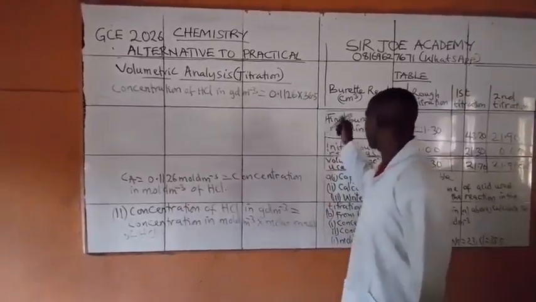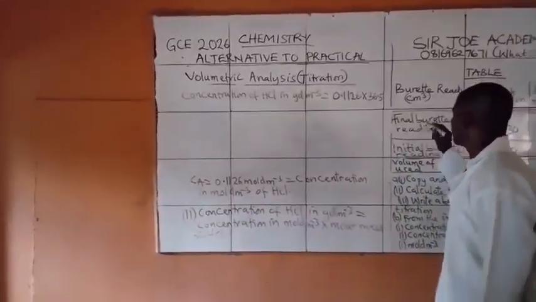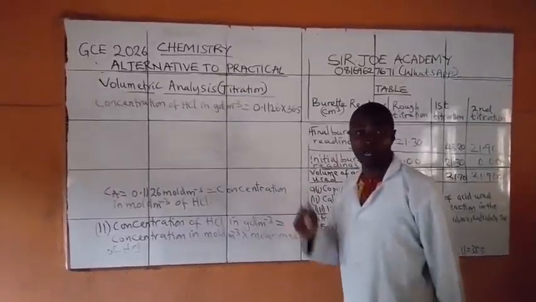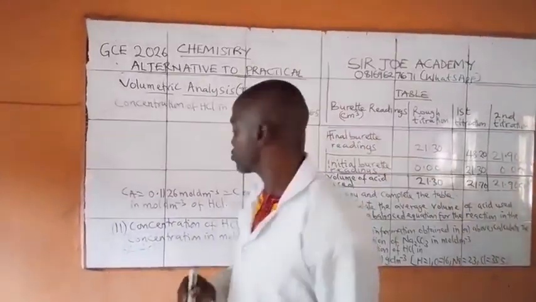I hope you understand how I got 36.5 as the molar mass of HCl.